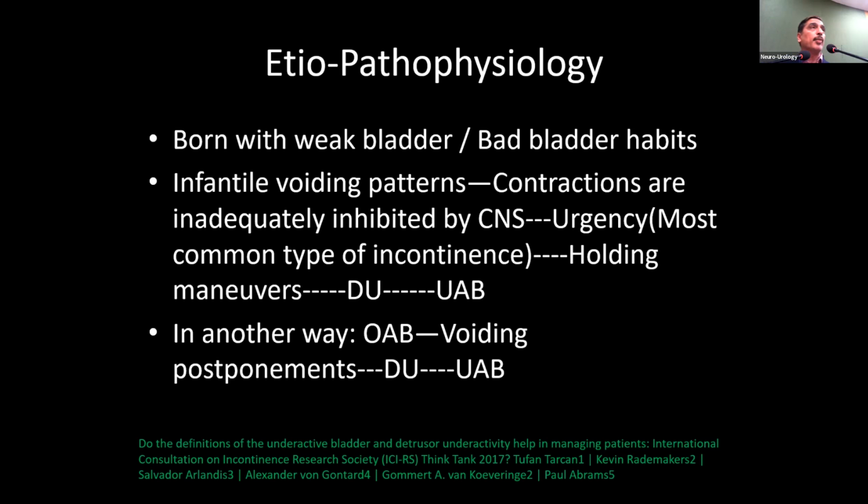Essentially, we can sum up another way: it is overactive bladder to start with, then voiding postponement. There may or may not be reflux, but overactive bladder, voiding postponement, detrusor underactivity, and full-blown underactive bladder.